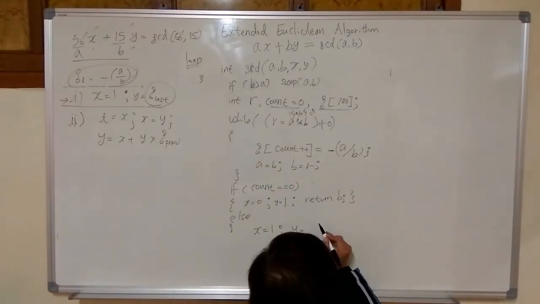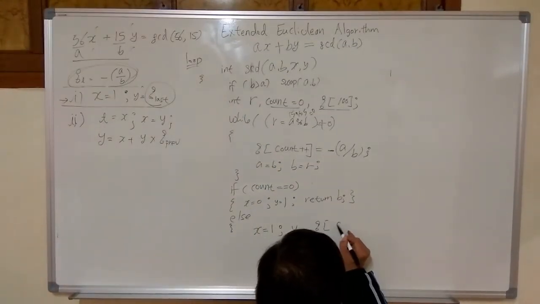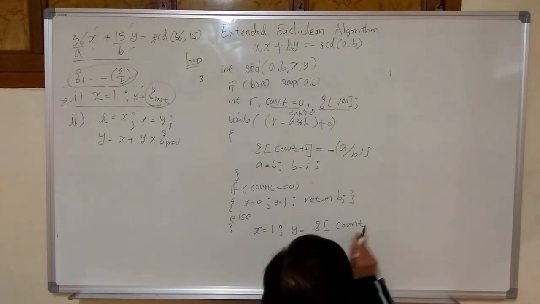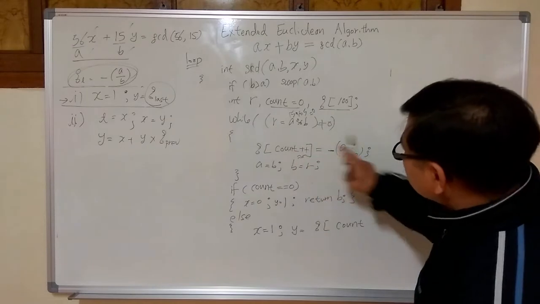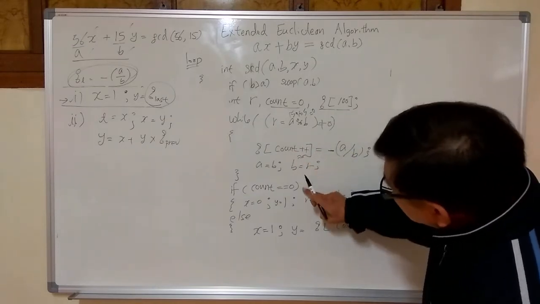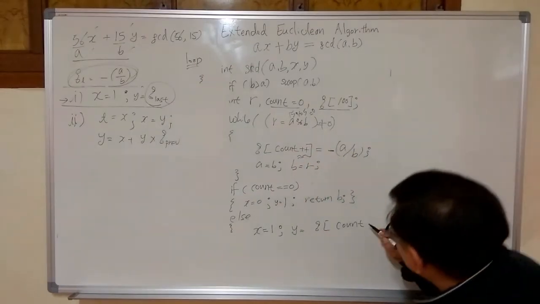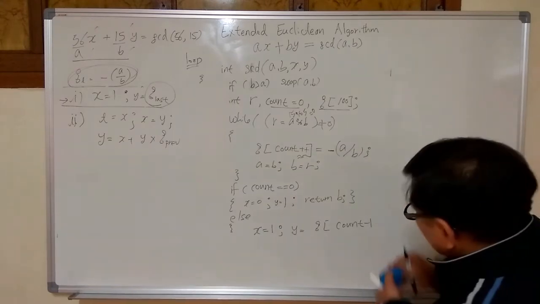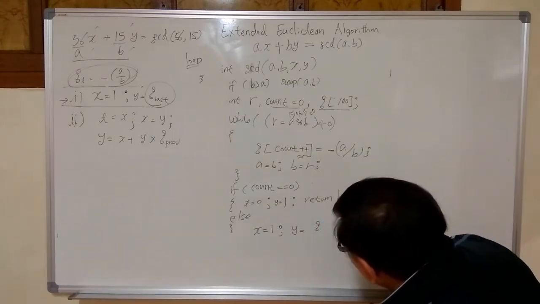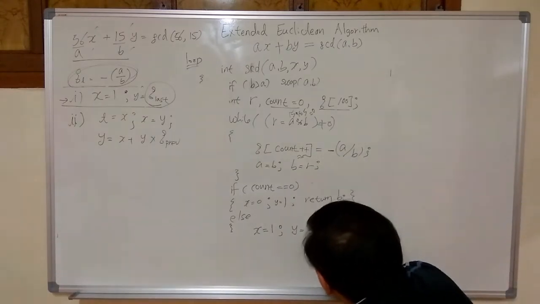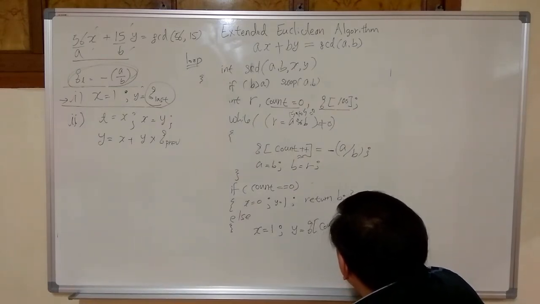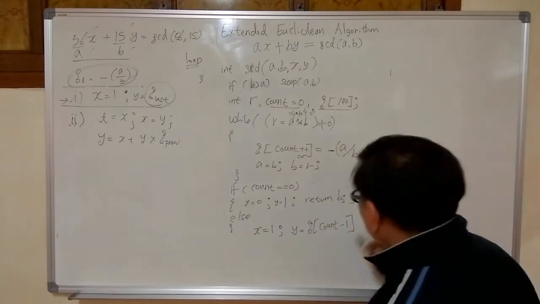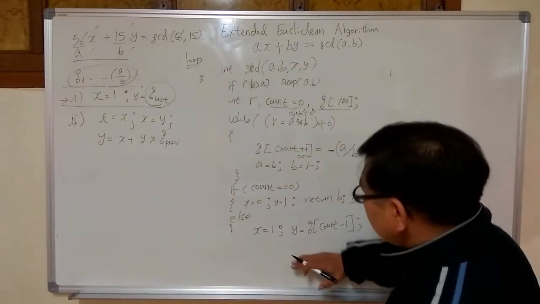So y should be q count. Note that count is incremented after assignment, so when it loops out it's plus 1, so it should be q count minus 1, like this. This is the initial stage.